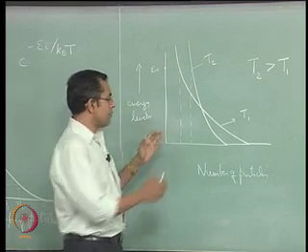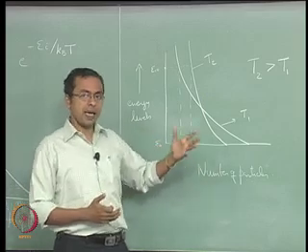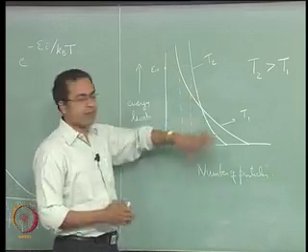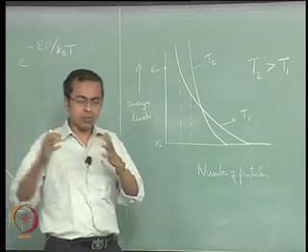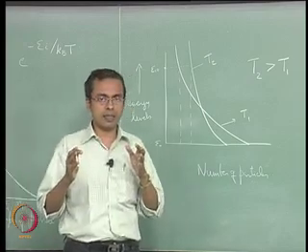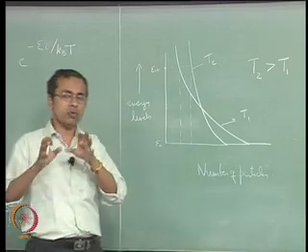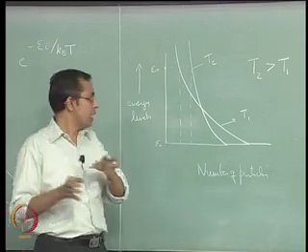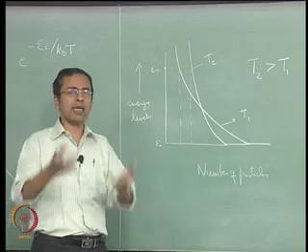Now having come this far, let us probe this issue a little further. This graph has not come arbitrarily. This graph has come because we assumed that the particles had certain characteristics, that they followed certain rules. Only because we made that assumption were we able to develop the rest of the statistics. That statistics is based entirely on those assumptions.